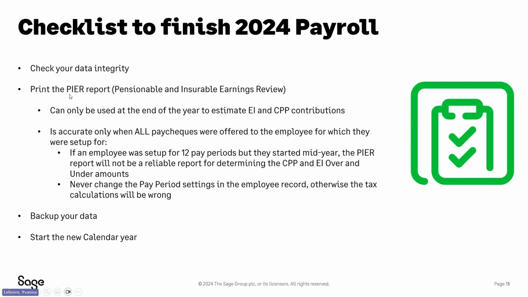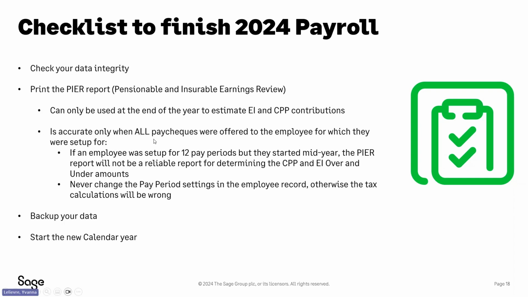The second step is usually the step where we have the most questions. So the second step is to print and check the PIER report. The PIER report is the pensionable and insurable earnings review. It's the report that can be used to estimate EI and CPP contributions, but it can only be used at the end of the year once you've posted all of the paychecks for the year.